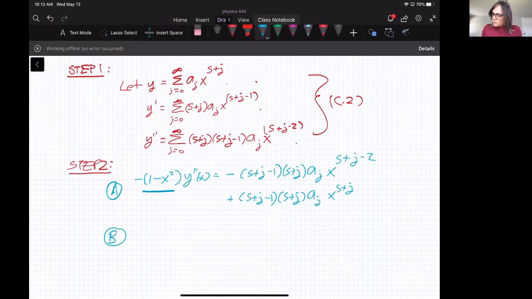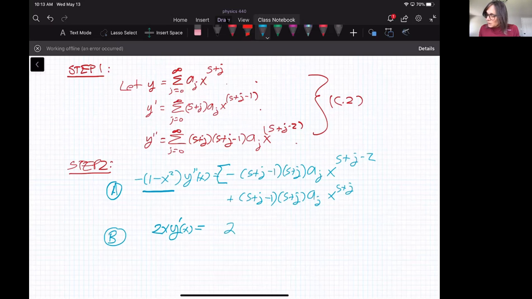Then our b term is just going to be 2xy prime, right? And these are including the sums, so it should really technically have this under a summation.